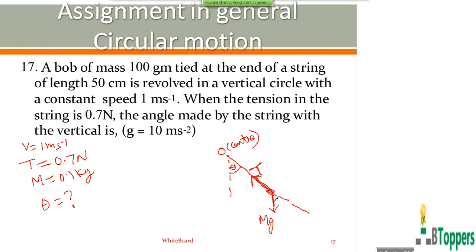As explained earlier in the theory part, you can resolve the weight mg into rectangular components along the string and perpendicular to the string. The component of the weight mg along the string will have magnitude mg cos theta, which acts away from center of the circular path. The component of the weight mg with magnitude mg sin theta acts tangential to circular path.